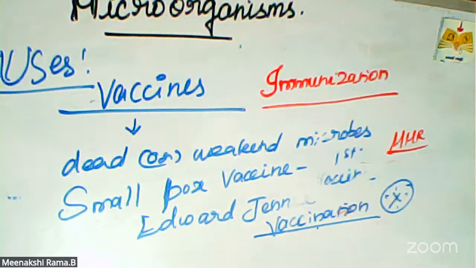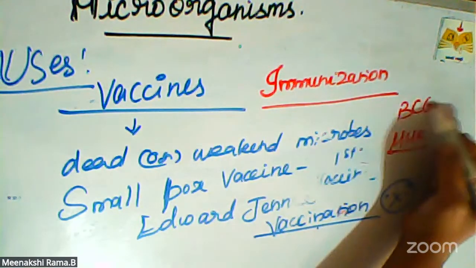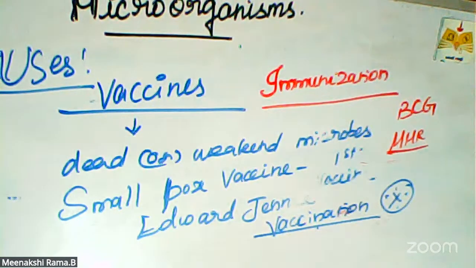That is known as immunization. Examples of vaccines are MMR and BCG. The MMR vaccine prevents measles and mumps. BCG prevents tuberculosis.